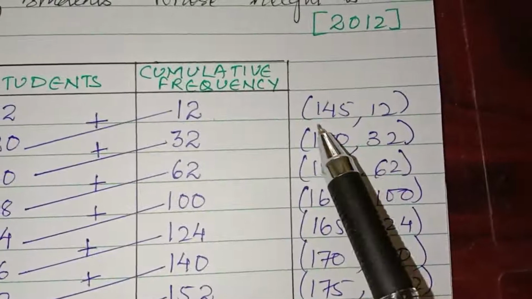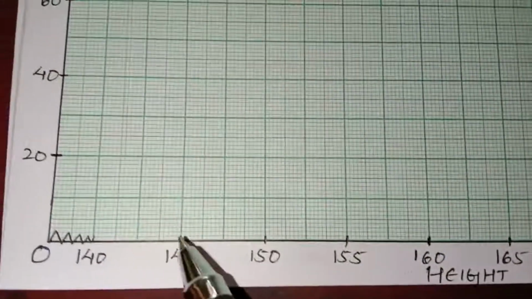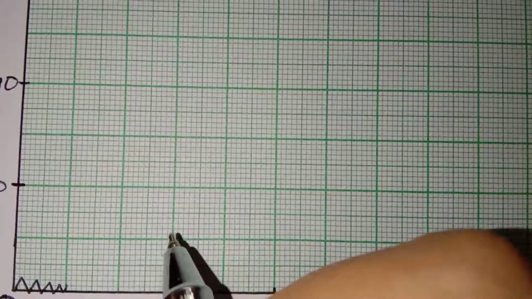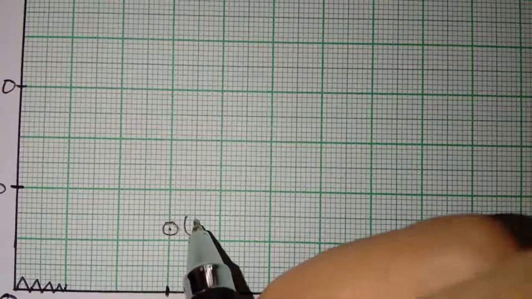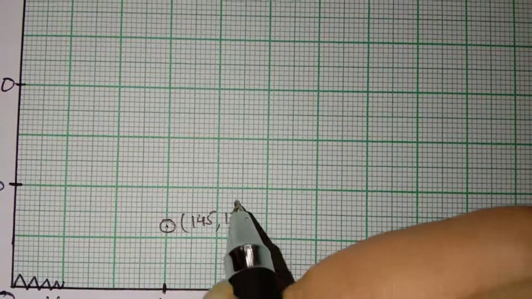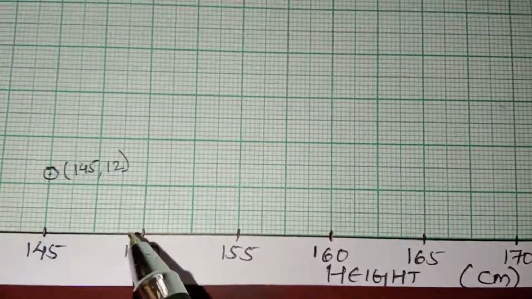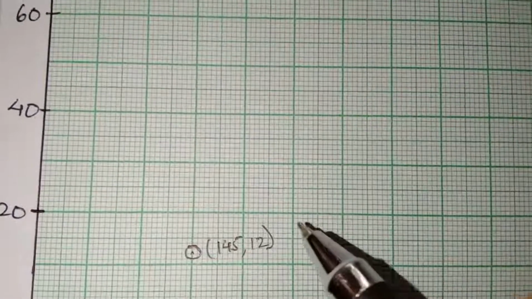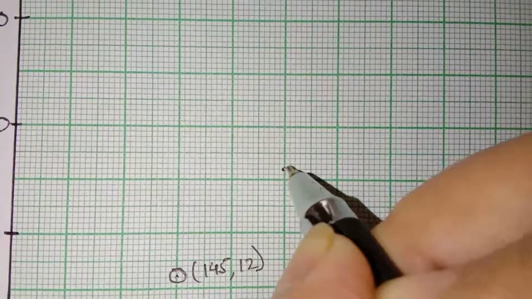Now we have to plot the points. Our first point is 145, 12. Here is 145, this is 10, 11, 12. This is your 145, 12. Now the next one is 150, 32. This is 20, 30, 31, 32.